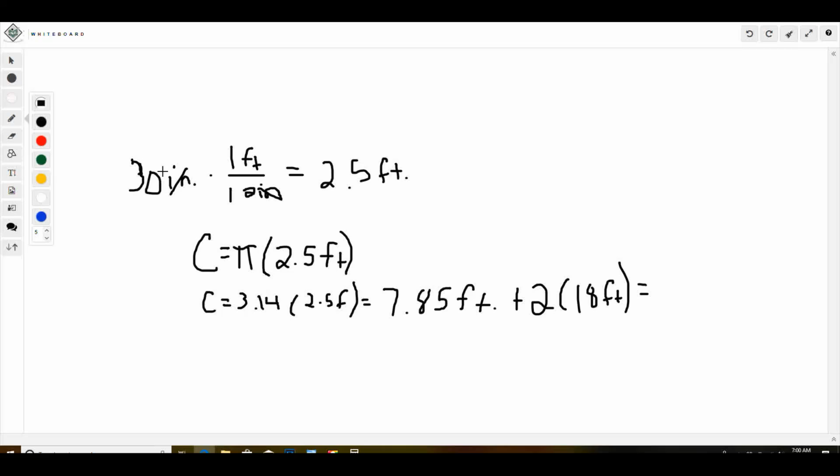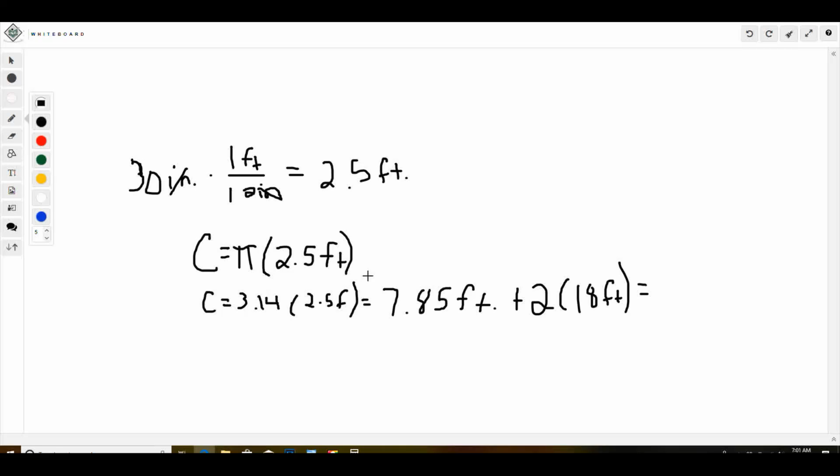So we converted first, pardon me, the inches to the feet. So the diameter of each circle was 2.5 feet, and the distance between the two circles was 18 feet. So everything's the same. That's the first thing we did. The second thing we did is find the circumference.